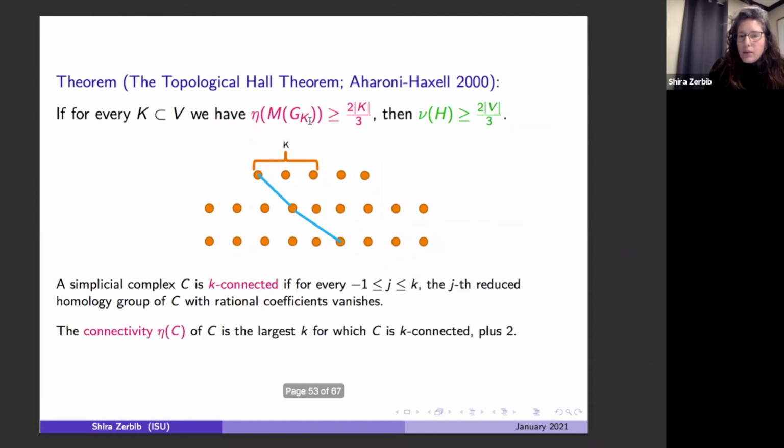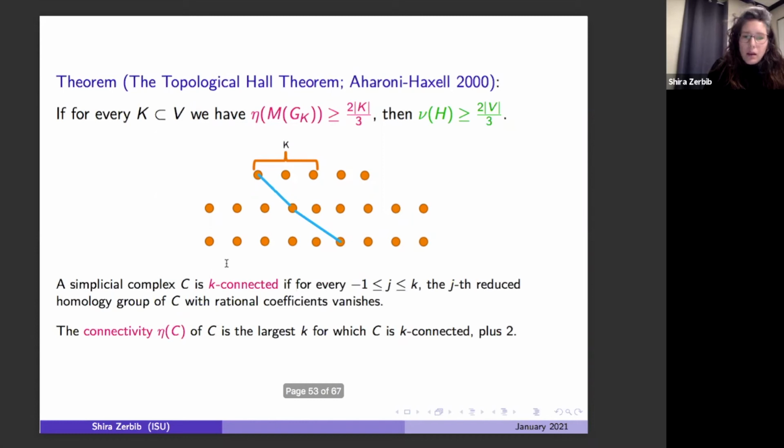Okay, so I threw at you some very advanced notions that I haven't defined, and in particular this topological connectivity eta, which is defined here in small letters, but I don't want to get into this definition, because what we will actually use is some combinatorial parameter that will replace this topological parameter eta.